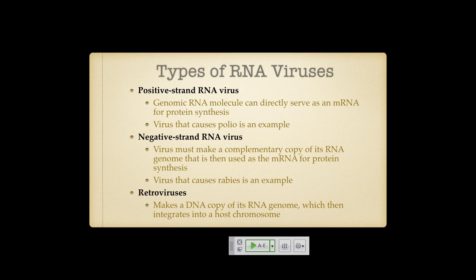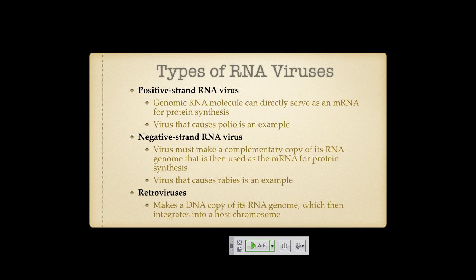So when that RNA enters the cell, it looks like a messenger RNA to the host cell. The ribosomes interact with it, and it begins making the viral proteins, and one of them will be this RNA-dependent RNA polymerase.